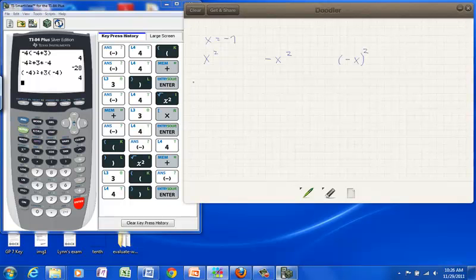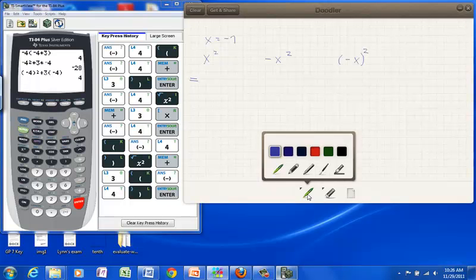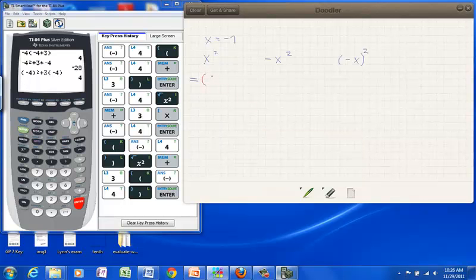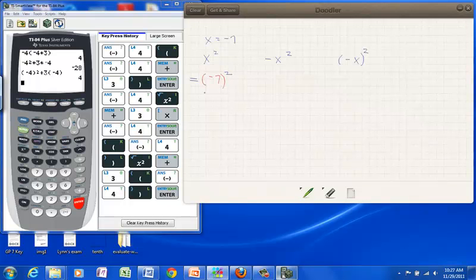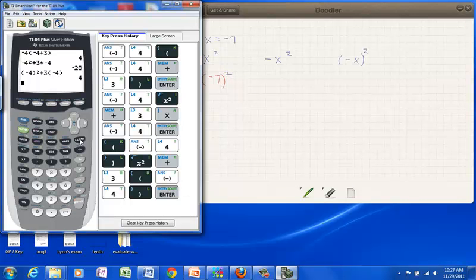All right, so let's evaluate these. I'm going to use color for when I put the parentheses in the -7. So where the x is, I'm going to put parentheses around -7 and then square it. So I think I know what that should be, but I'm going to go over and evaluate that on the calculator as well.